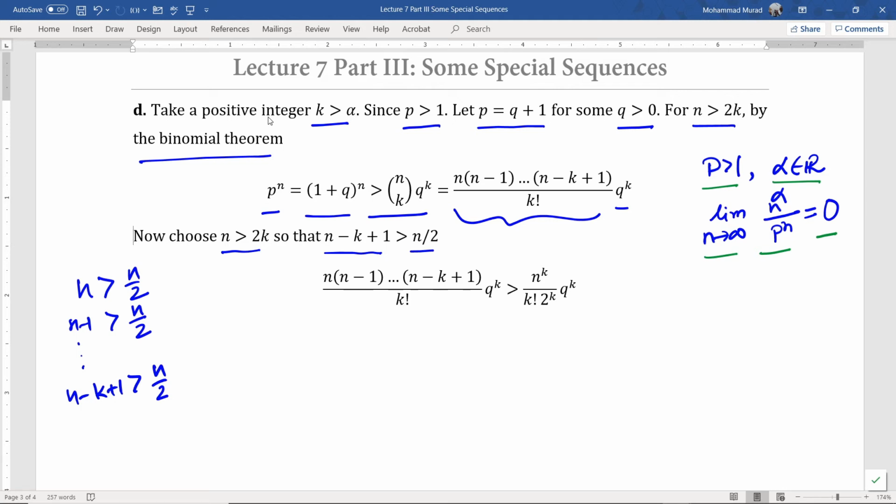So the product of the left-hand sides is greater than the product of the terms in the right-hand side, namely n over 2, and we have k many such factors.